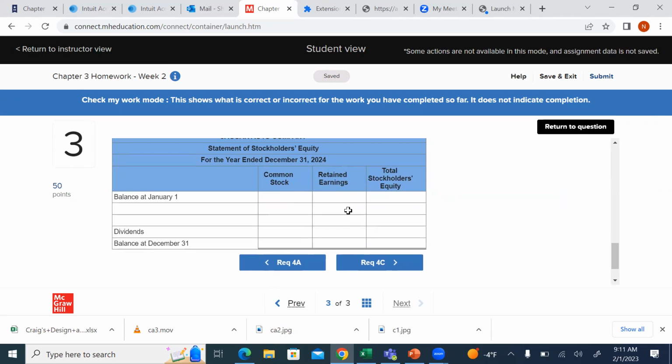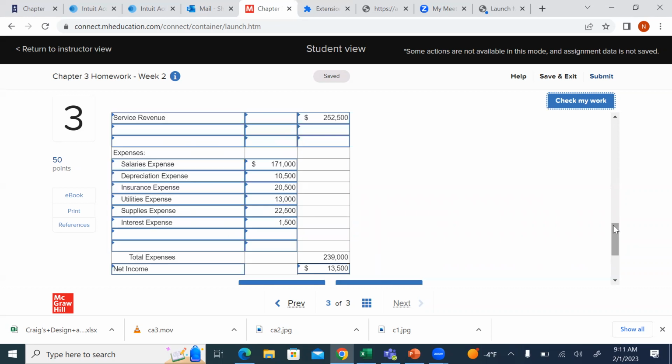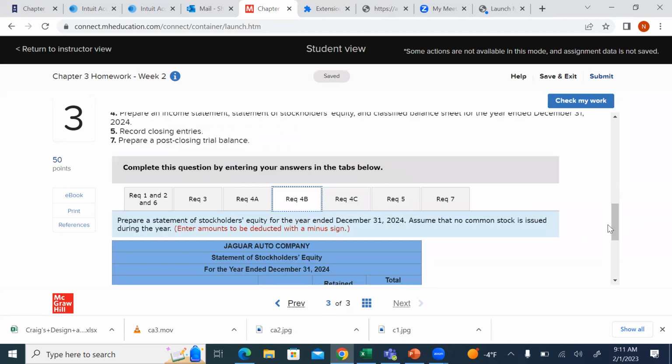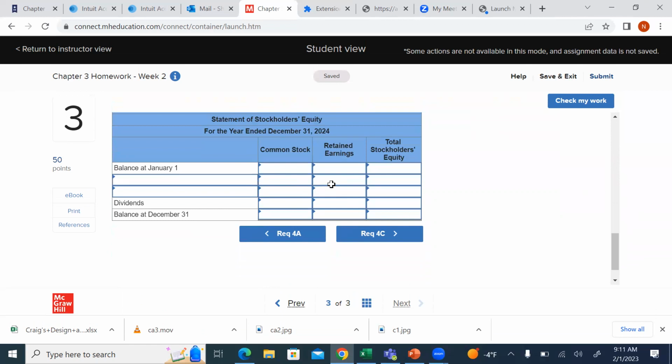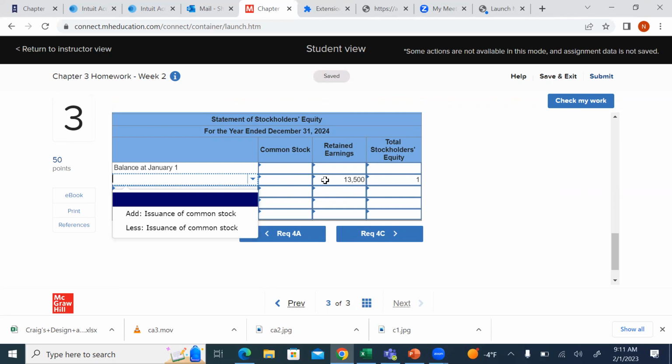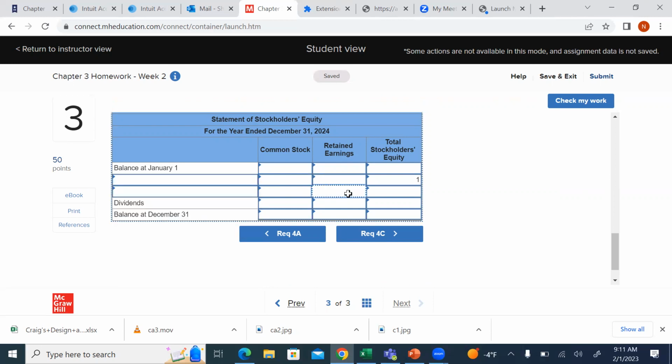So we're going to add the net income of 13,500. Add net income, 13,500.